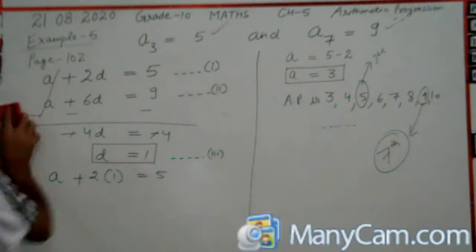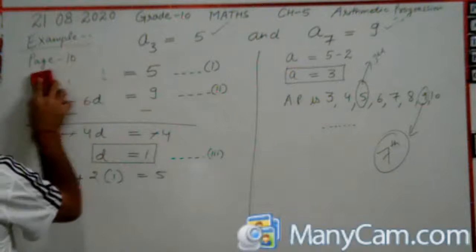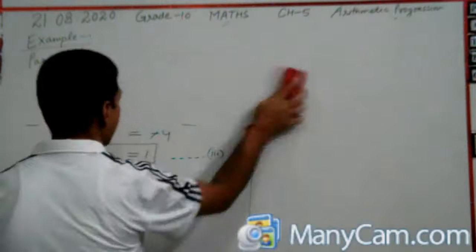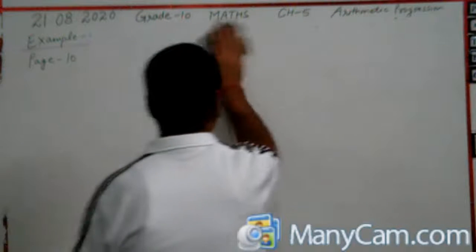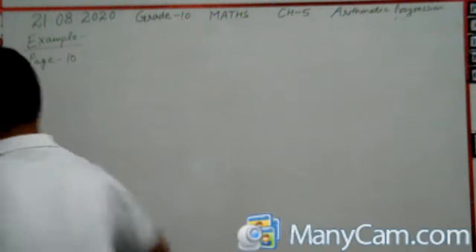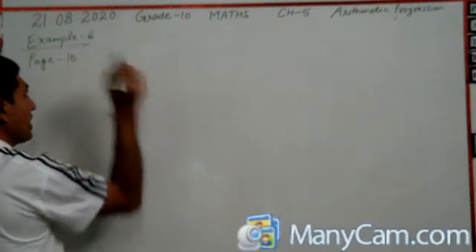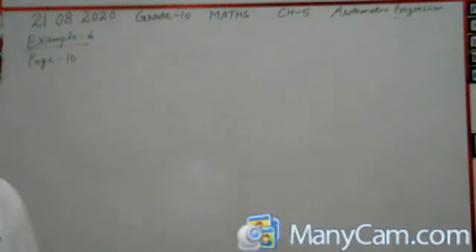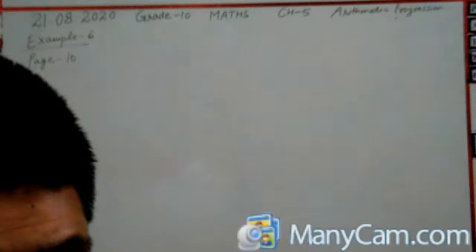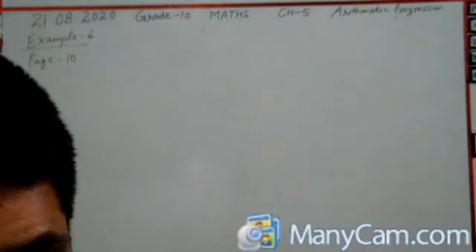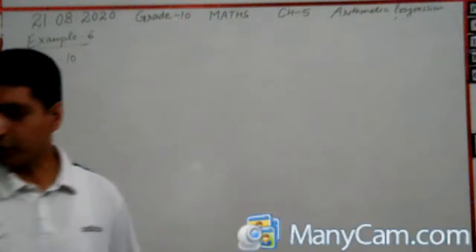Example number 6. Now we have example number 6. We have to check what will be okay.